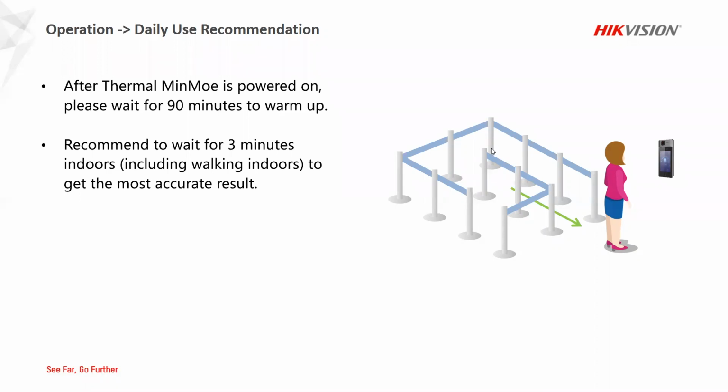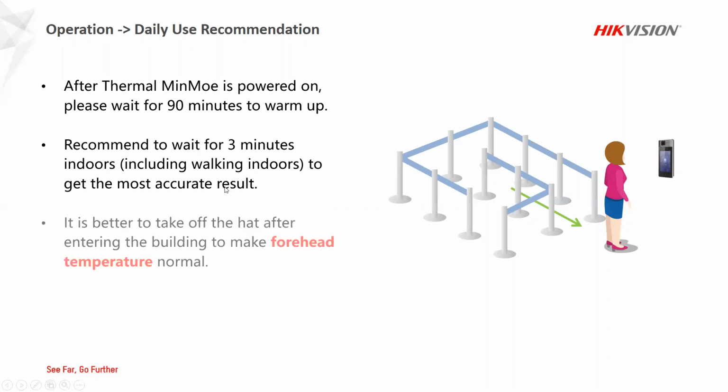So in that situation, we would recommend also to wait for 3 minutes indoors to get the most accurate temperature reading. And also it is better to take off the hat after entering the building, because if you have the hat on your forehead, it may also show a raised temperature.